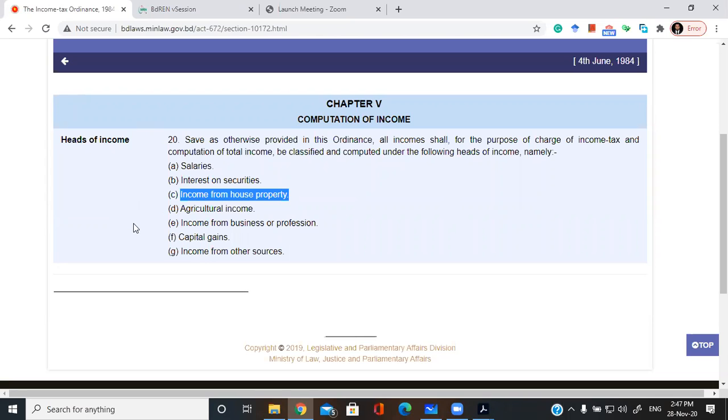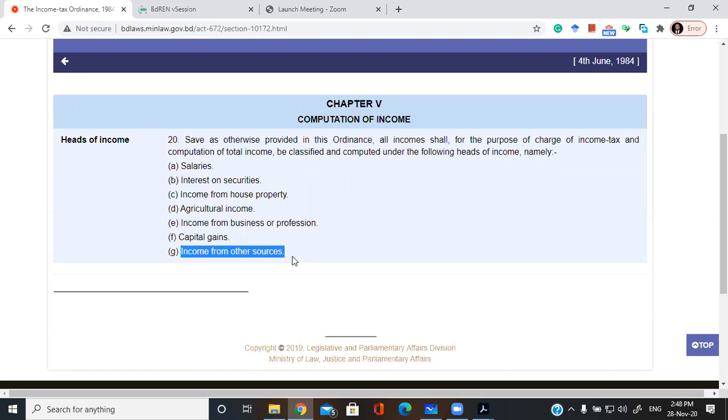Okay. But another thing I like to stress is that income from other sources is a very general listing. For example, people earn income from participating in a talk show on TV.